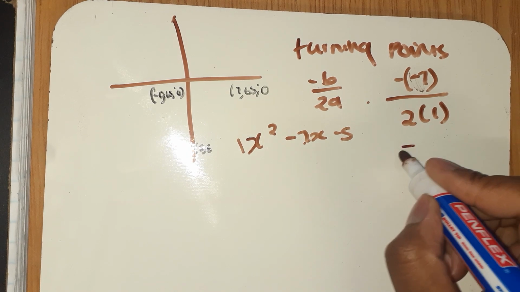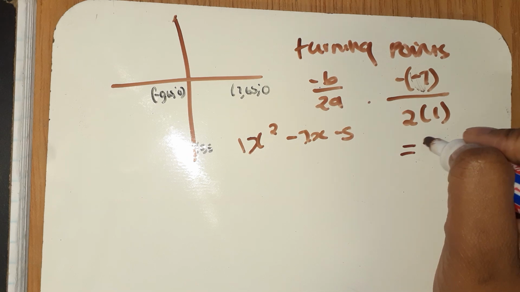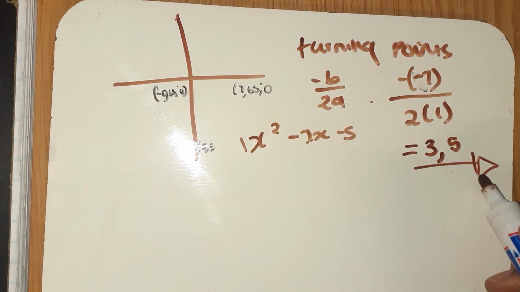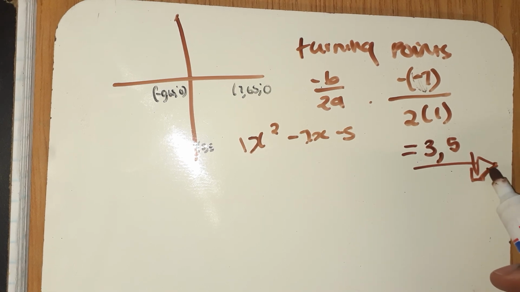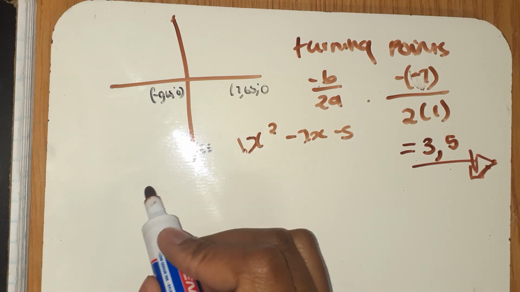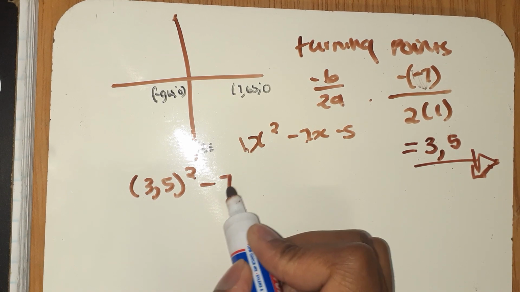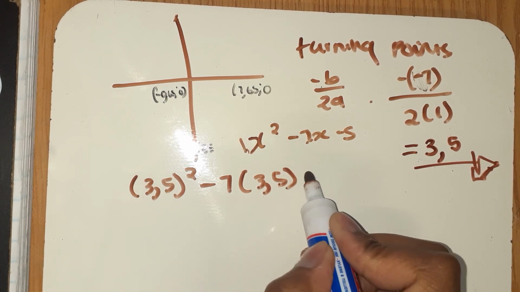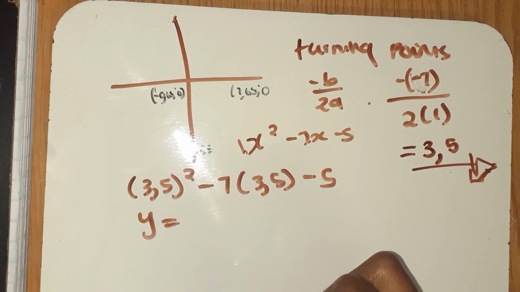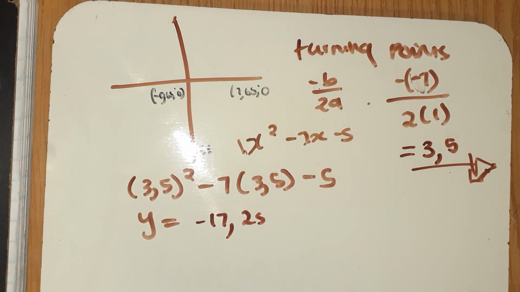So you substitute, put that into your calculator, and it will give you 3.5. So this is the x value of the turning point. Then to get the y value of the turning point, we substitute into this original equation. So x is 3.5. Where we see x, we put 3.5, minus 5. So the y value of the turning point equals negative 17.25.